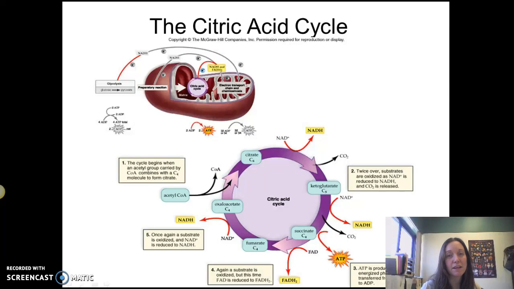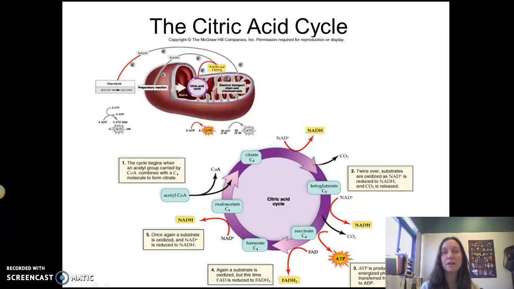At the end of this cycle, the original acetyl-CoA is broken down completely, and really we can think of this as the completion of breaking down the glucose. So nothing from the original glucose is present anymore. The CO2 gets exhaled from our lungs, or it diffuses out of the cell, and the electrons will be used in the electron transport chain along with the hydrogens.